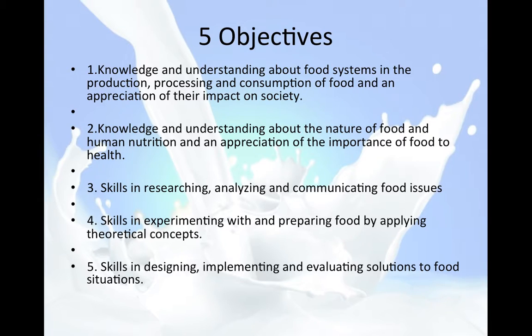Key points here is that understanding of the food system, so the production, the process and consumption of food in our society, that understanding about the nature of food and the human nutrition required for our health, so looking at food for health, looking at skills to experiment with food and prepare food, and skills to design, implement and evaluate solutions to food situations, so food problems, and being able to research and analyse and communicate these food issues.